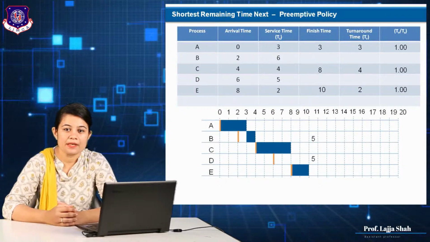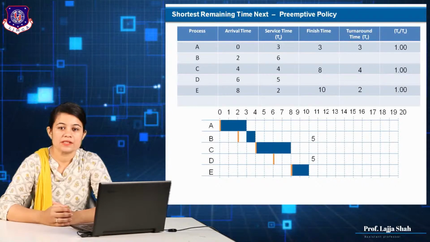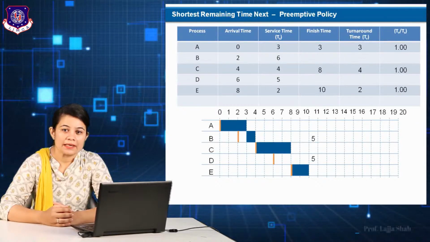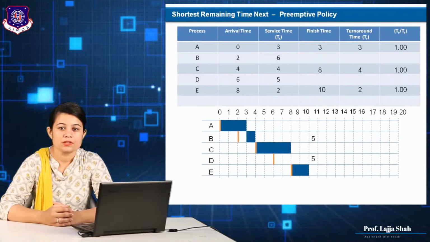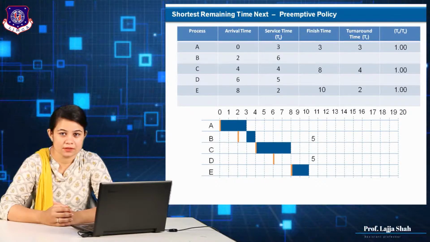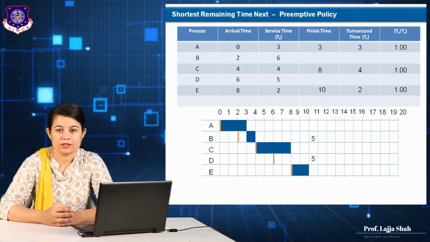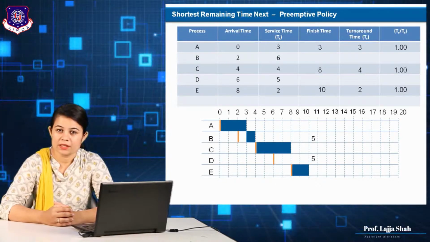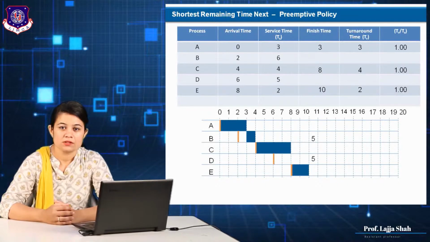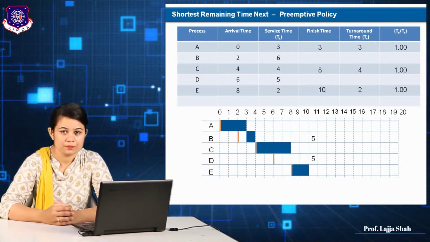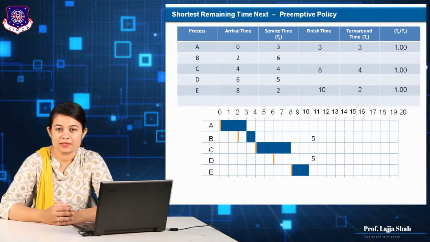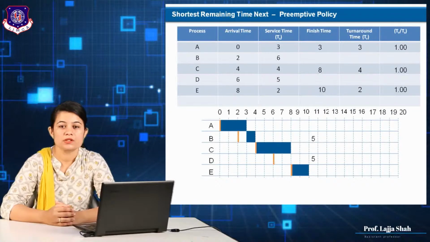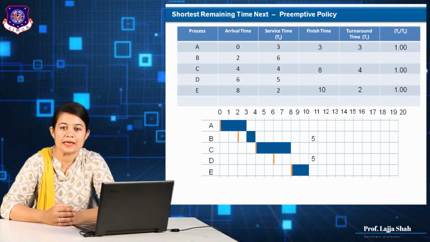In this tie-breaking situation, when there is the same value for the processes, the first come first served policy will be implemented. The process that arrived first in the system gets a chance for execution first. Here process B arrived first in the system, so from B and D, process B will be executed next.